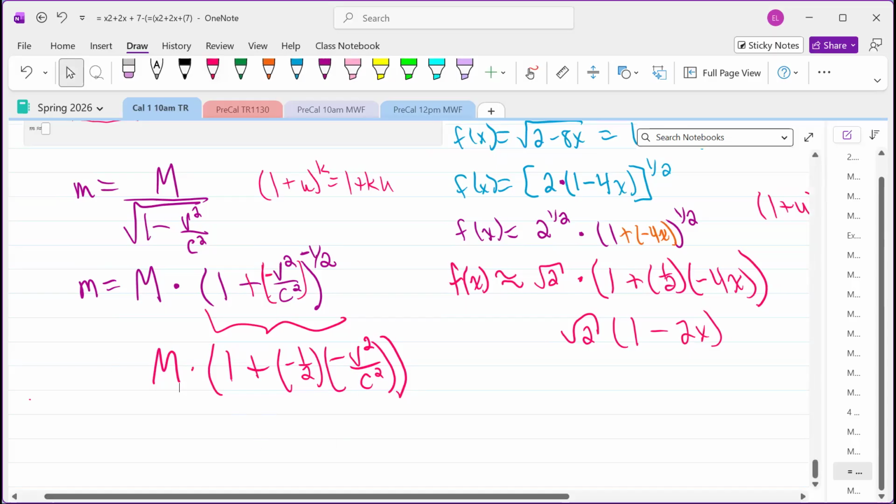And that's what they want for the third answer. So big M, parentheses, 1 plus v squared over 2c squared.